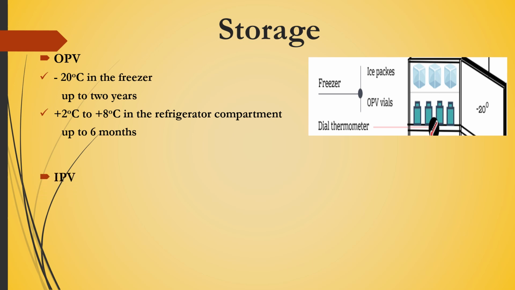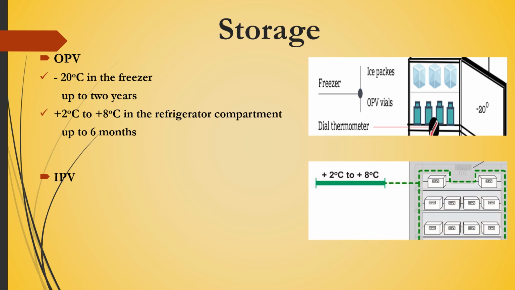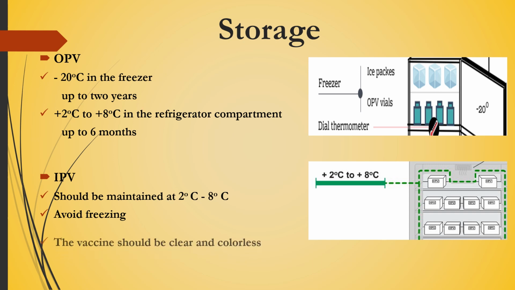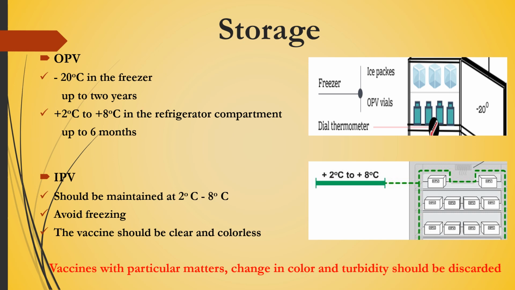Injectable polio vaccines should be maintained at 2 to 8 Celsius degrees. Freezing should be avoided as it diminishes the potency of injectable polio vaccine. The vaccine should be perfectly clear and colorless. Any vaccine showing particulate matter, turbidity, or change in color should be discarded.